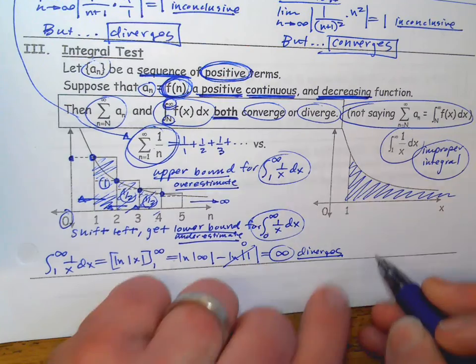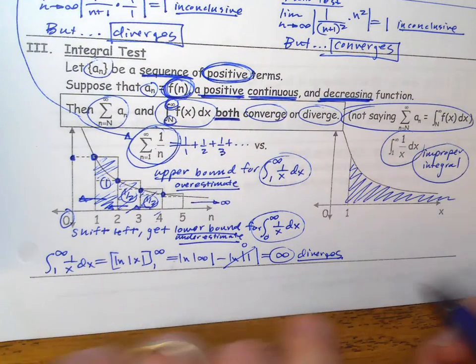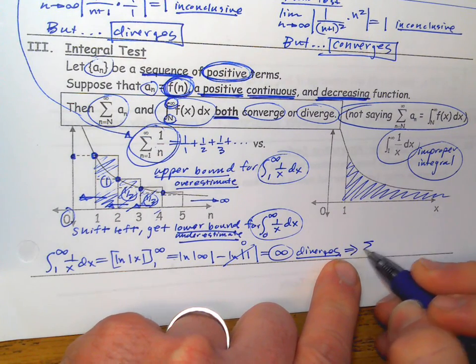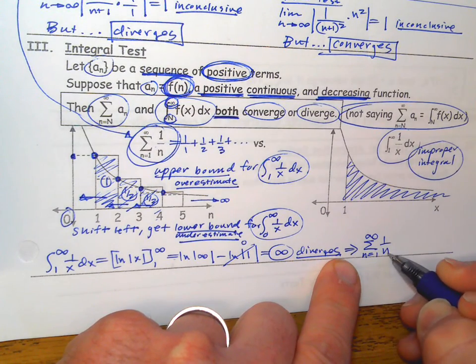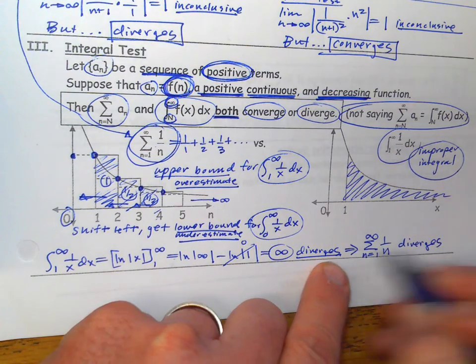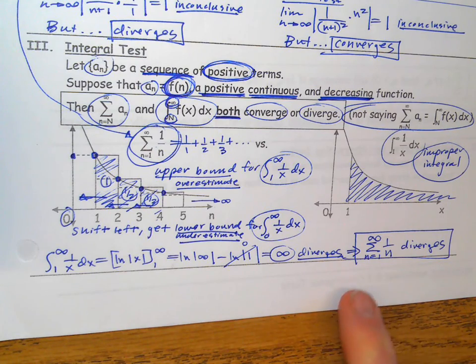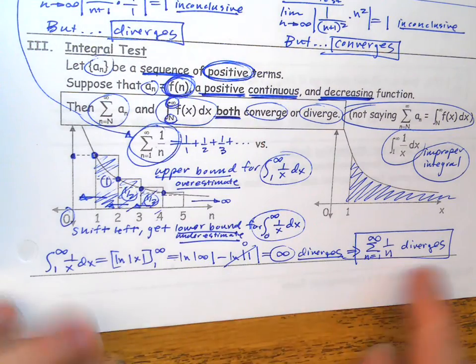And so because this related improper integral diverges, the series that goes with it also diverges by the integral test. So we call this the integral test. We've shown that the harmonic series up there diverges by this integral test.